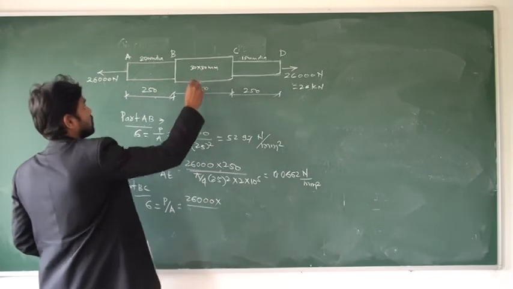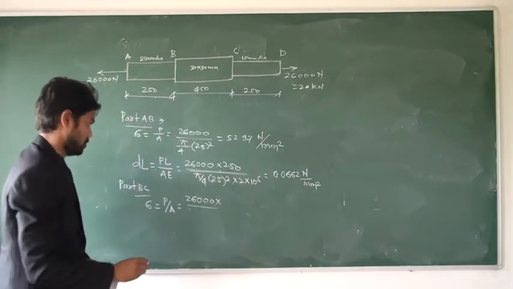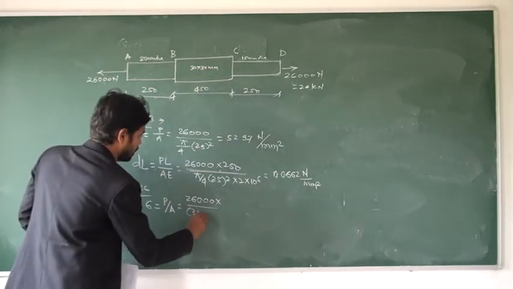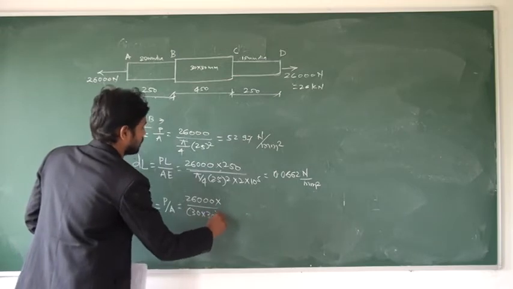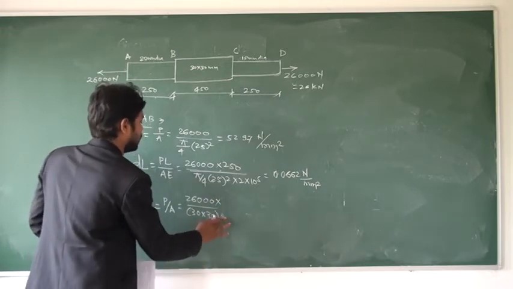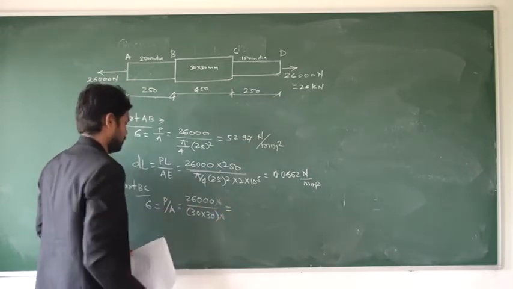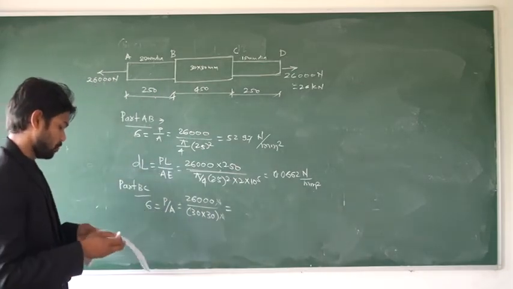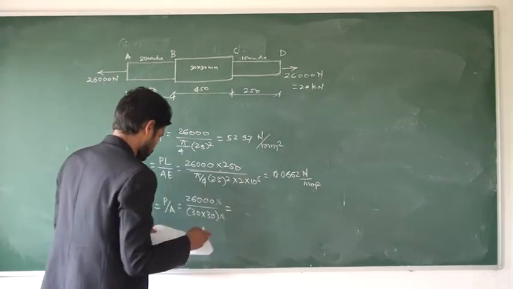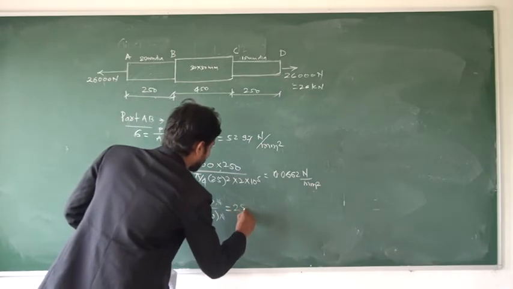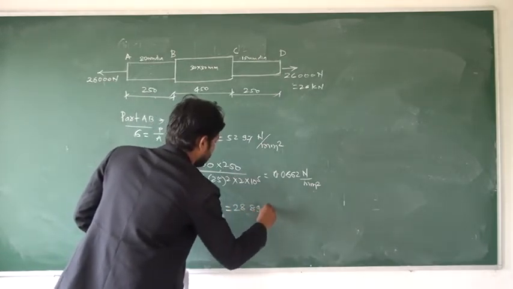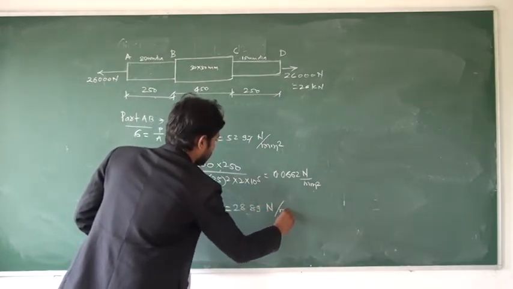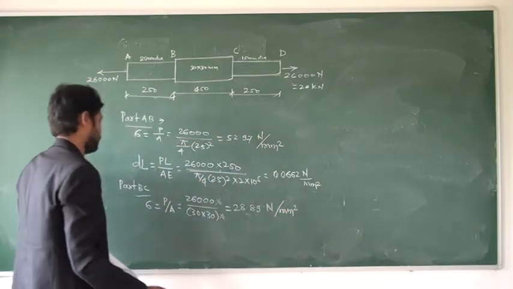Now the cross section of part BC is square, so the area will be 30 by 30. If you calculate this, you will get stress 28.89 Newton per mm square.